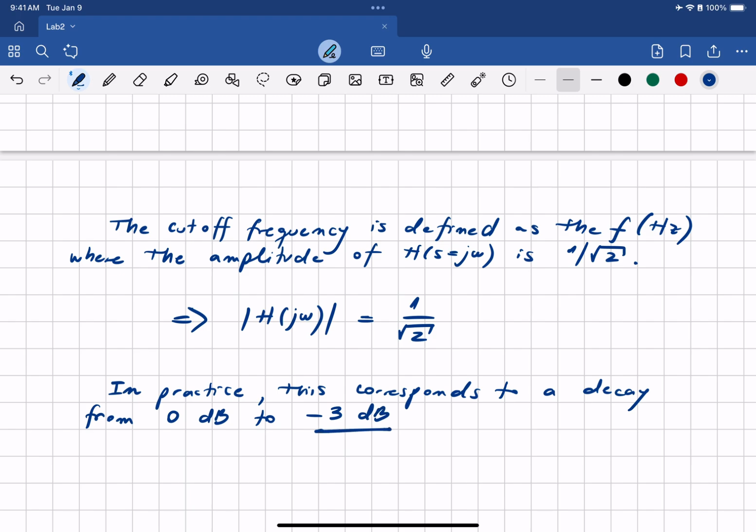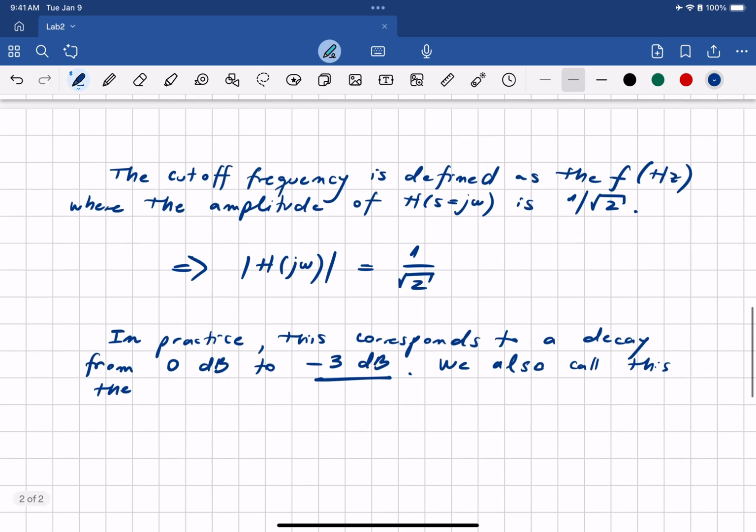Whenever we reach those 3 dBs, we're reaching this condition. The amplitude of the transfer function is dropping to this factor with respect to, let's say, 1 per unit. We also call this the half power point.